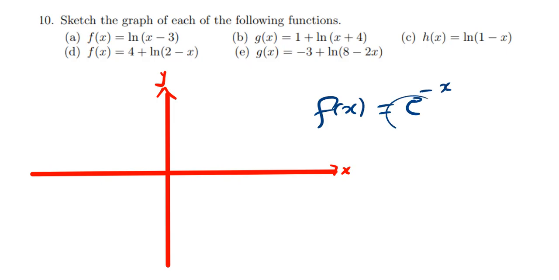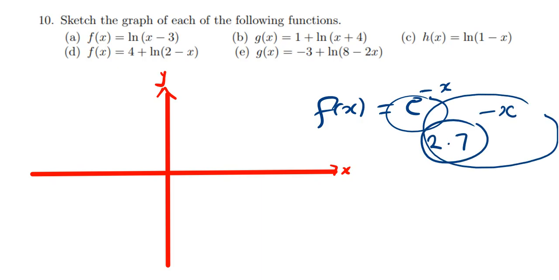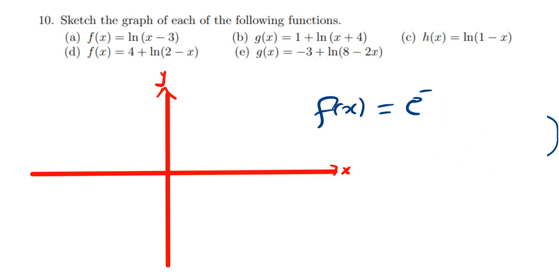Yes, this E is Euler's number, a number like 2.7. Now the number has been raised to a negative power, so this is an exponent. That's why we're solving it like an exponential graph.